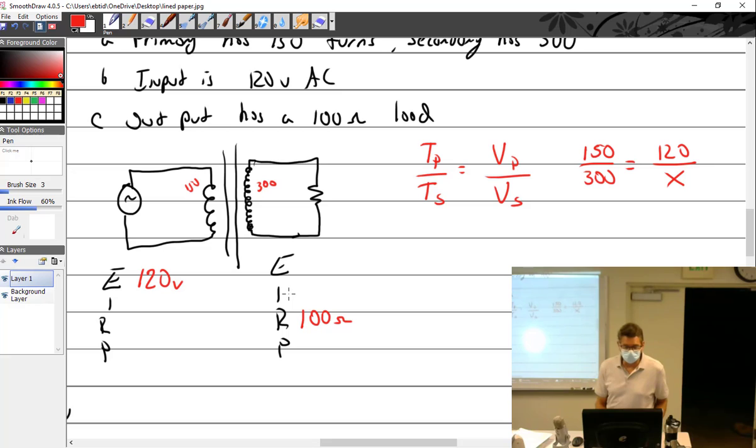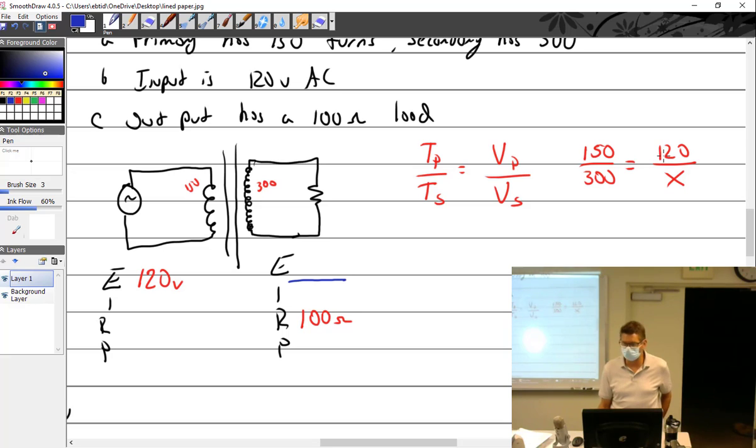So what makes the most sense to me right now is to find this voltage right here. Using the formula, turns of primary over turns of secondary equals voltage of primary over voltage of secondary, I can fill that in. Turns of the primary is 150. Turns of secondary is 300.